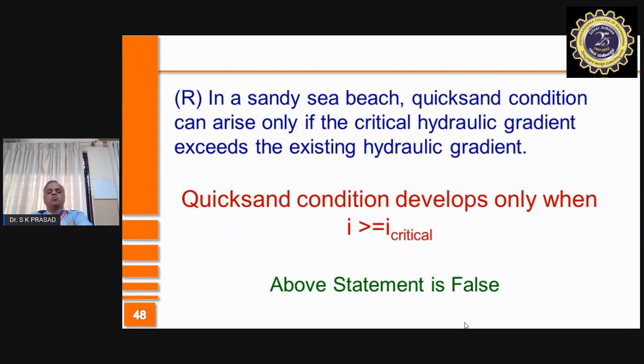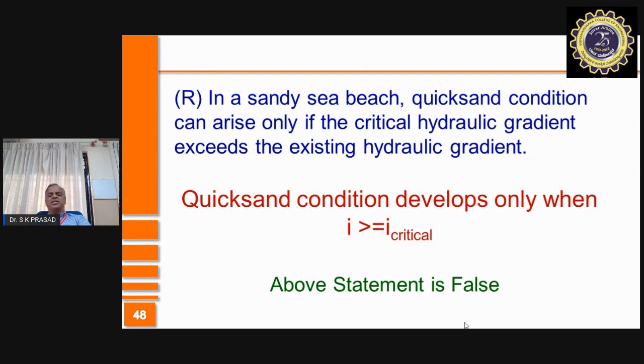So going back to the question: in a sandy sea beach, quicksand condition can arise only if the critical hydraulic gradient exceeds the existing hydraulic gradient. Whatever I explained now indicates that quicksand condition can happen when the existing hydraulic gradient becomes equal to or greater than the critical gradient.